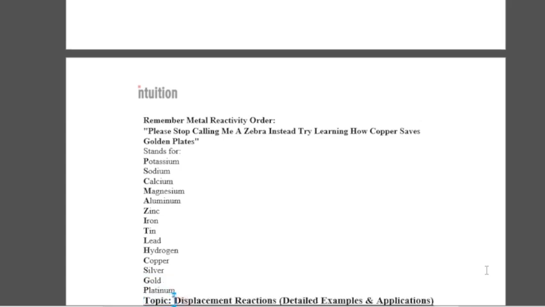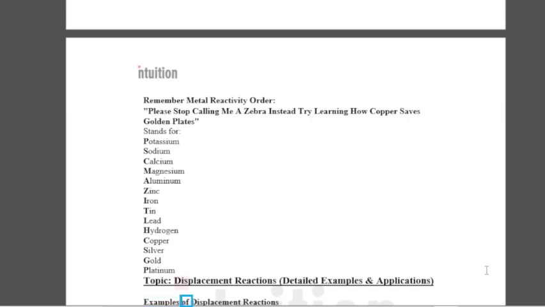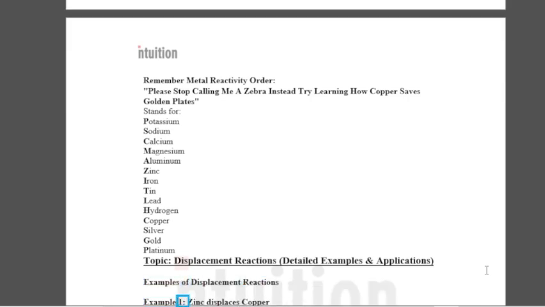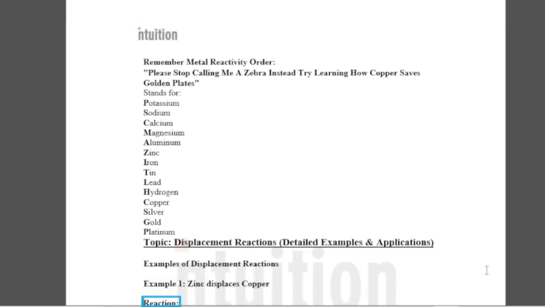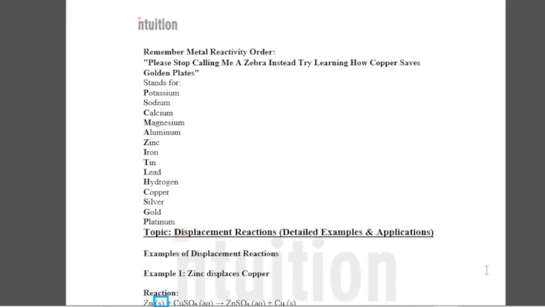Topic: displacement reactions, detailed examples and applications. Example 1: zinc displaces copper. Zn(s) + CuSO4(aq) → ZnSO4(aq) + Cu(s).